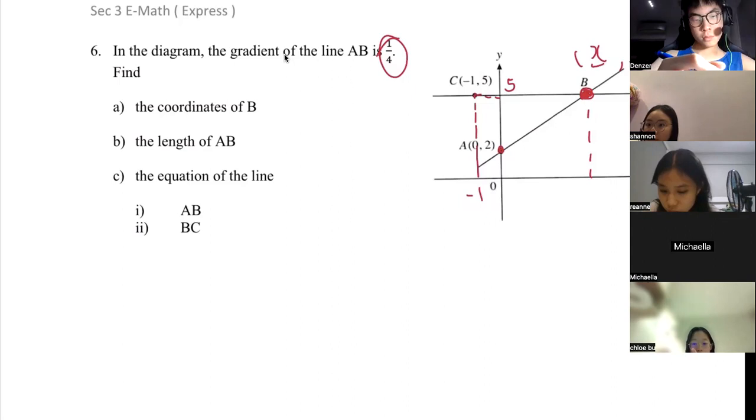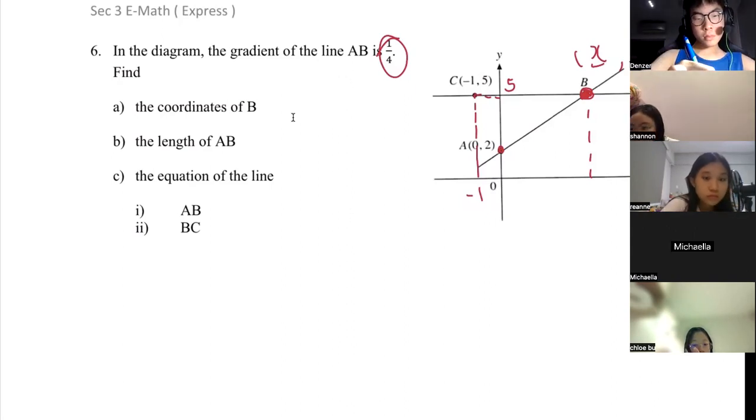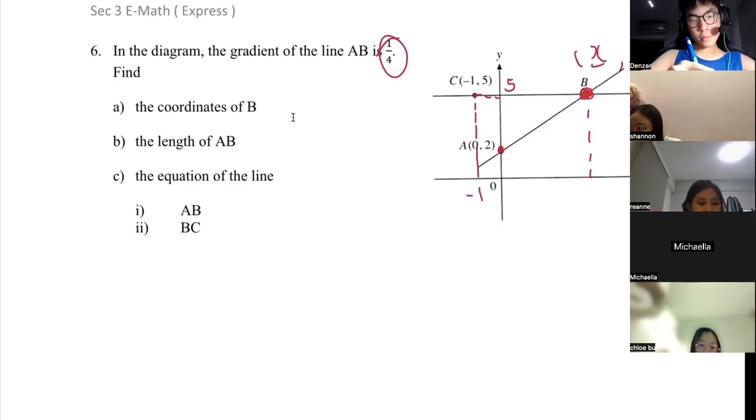Shannon. Okay, very good. Shannon, you're the first one. Another 1 minute, quick one. Michaela, Chloe, and Denzel, try. Send it to me for the value of X on the Zoom chat, okay?